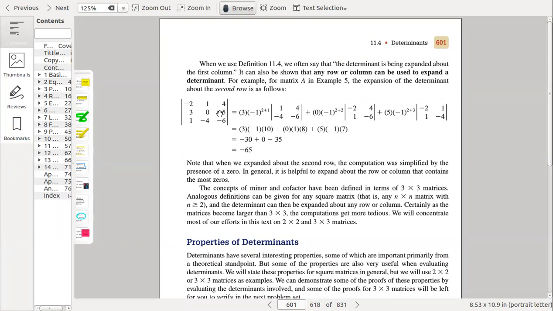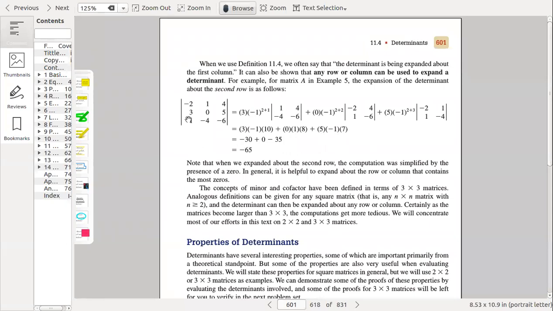Then 5, so this entry is at the position second row and third column, 2 plus 3. Okay, so 3 into this will be negative, minus 1, this will be positive, 0, 1, and then this will be negative, 5 into minus 1.